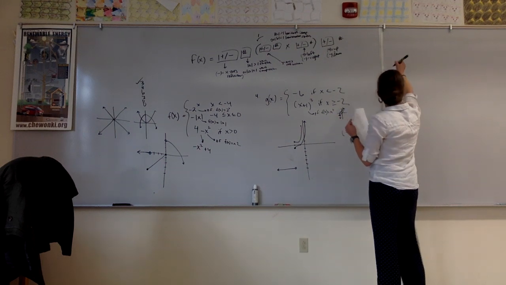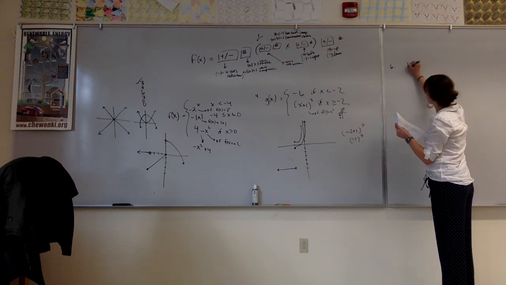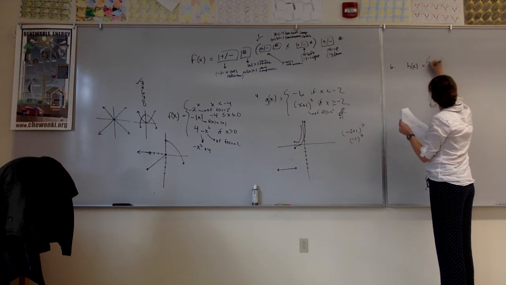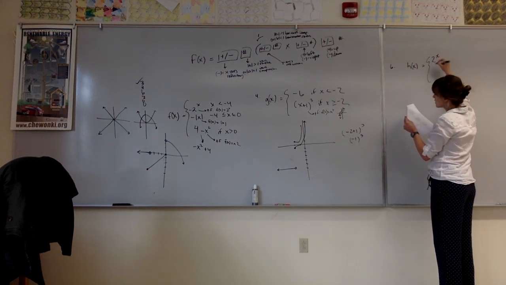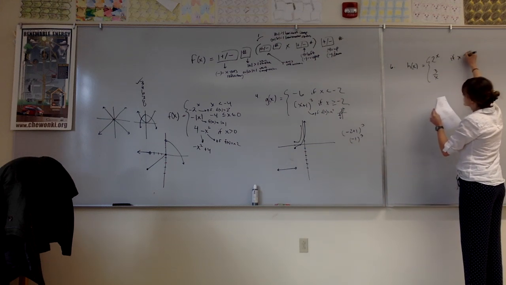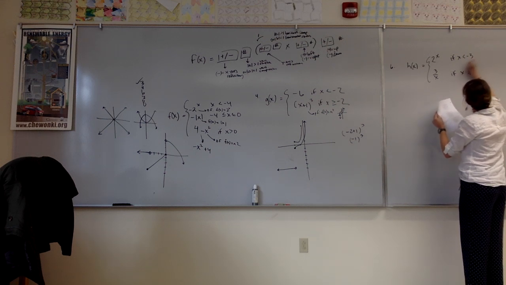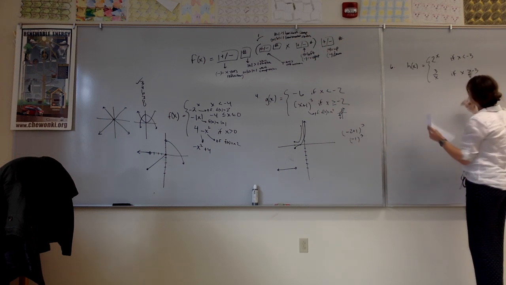Number 6. We have h of x equals 2 to the x if x is less than negative 3, and 3 over x if x is greater than or equal to negative 3.